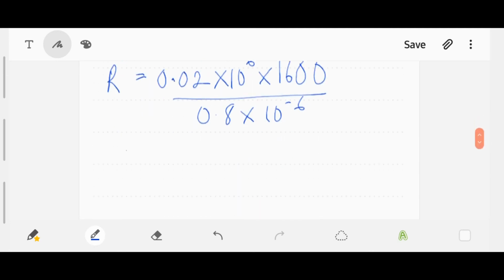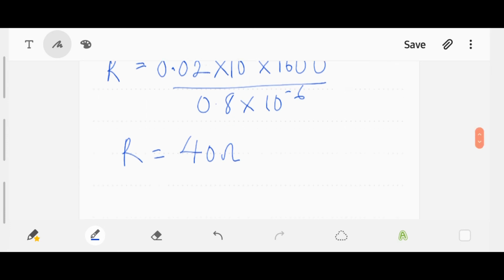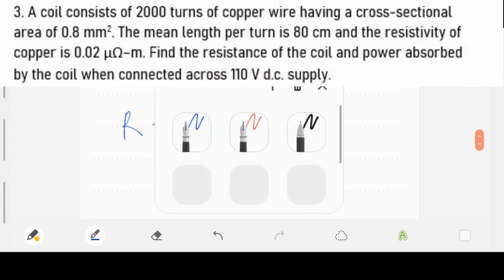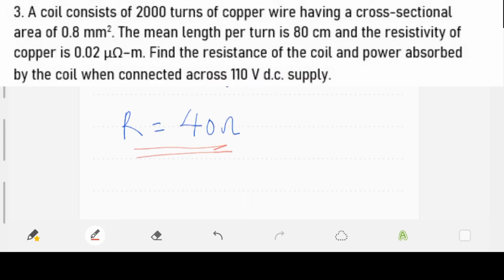So multiplying everything with your calculator, you will get 40 ohms. So now we've gotten our resistance. That's for the first part of the question.